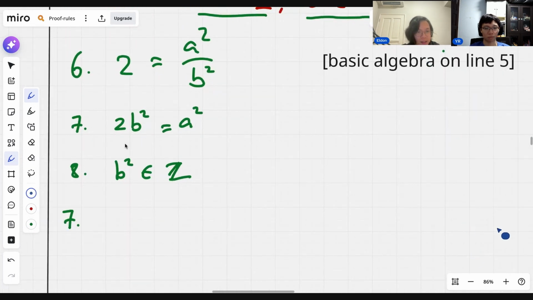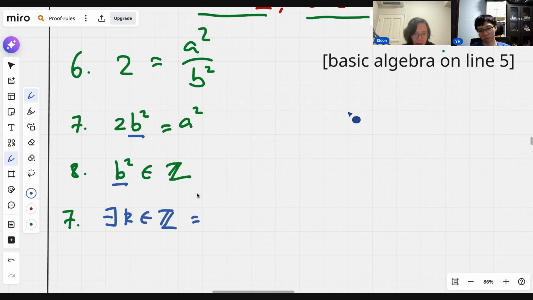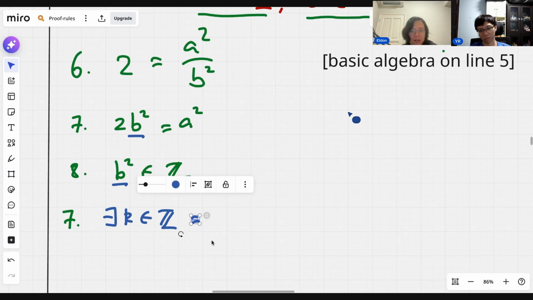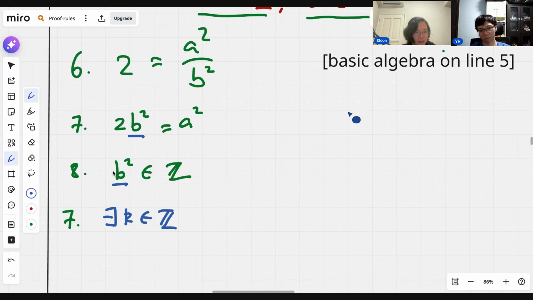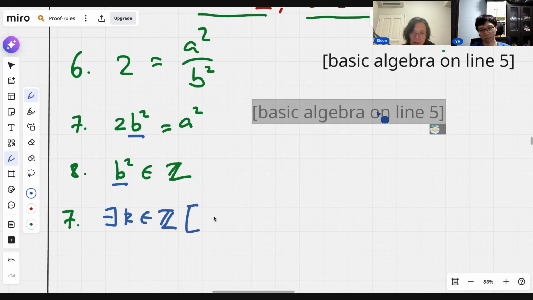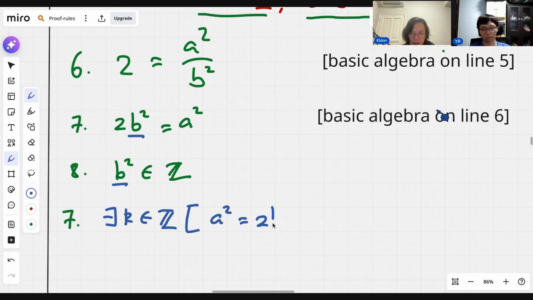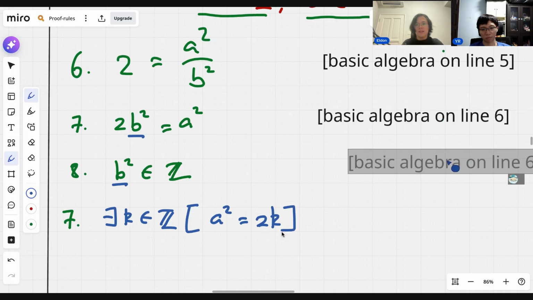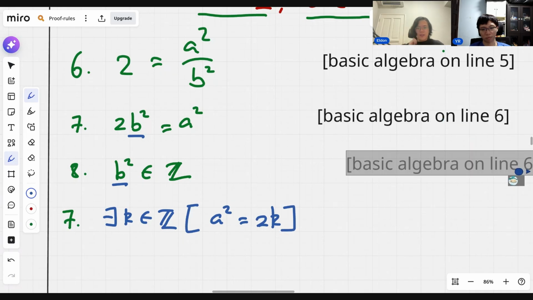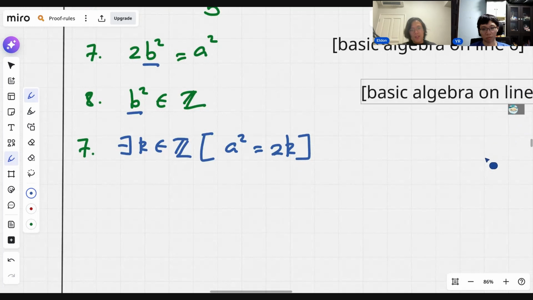I know that A squared is equal to 2B squared, and I know that B squared is an integer. So it is now safe for me to say there exists a K in Z such that A squared is equal to 2K. Okay, so this is our existential generalization.